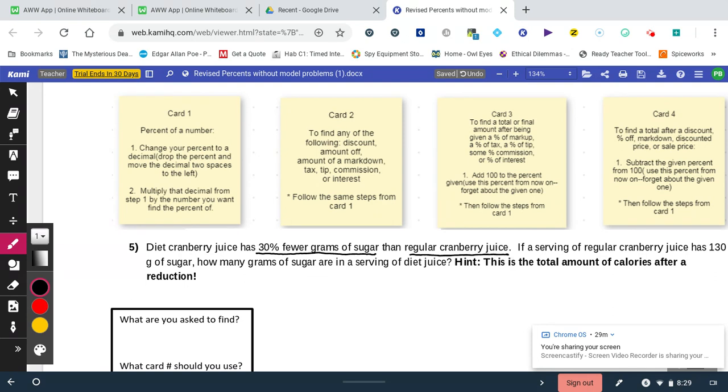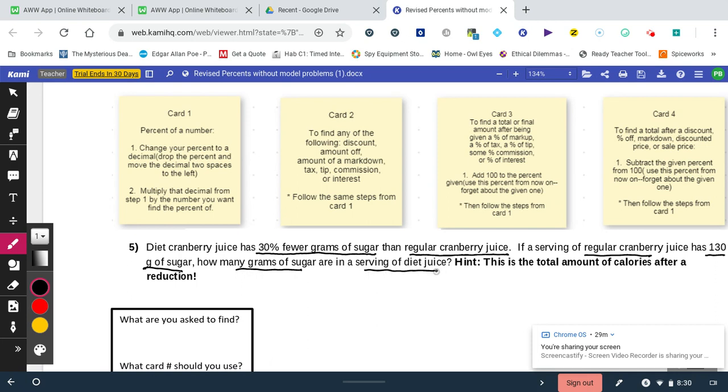Okay, so just keep in mind, regular cranberry juice has the whole 100% of sugar in it, okay? But diet cranberry juice has 30% fewer than whatever that cranberry juice has, which is the 100%, the whole amount. If a serving of regular cranberry juice has 130 grams of sugar in it, and that's for the regular, how many grams of sugar are in a serving of diet juice?